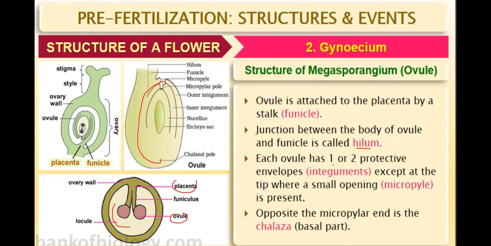Each ovule has 1 or 2 protective envelopes, called integuments. So this is the ovule, having an outer integument and an inner integument, except at the tip where a small opening, the micropyle, is present. In this region, the outer integument as well as the inner integument are not continuous.